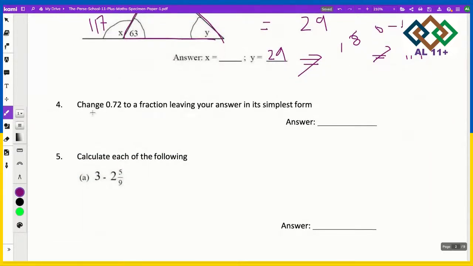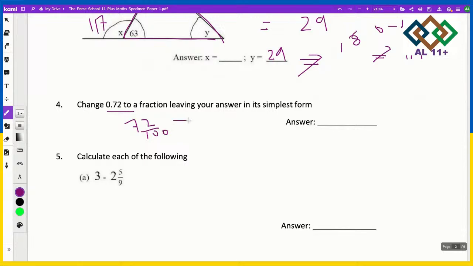Now you have to change 0.72 to a fraction, leaving your answer in the simplest form. This is something you guys don't like, simplifying the fraction after you do it. First of all, 0.72 is 72 by 100.